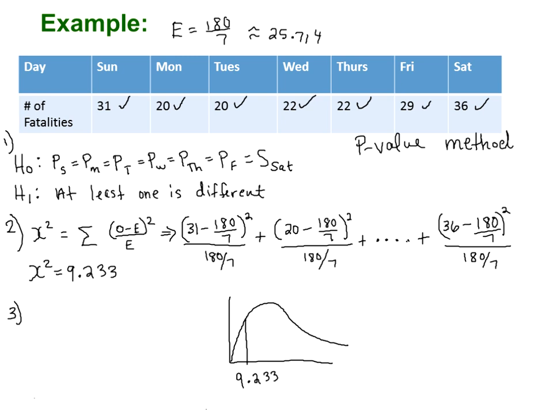All right, so if you were finding the p-value by hand, you would have to draw it out. The calculator gave us the p-value. And so we can go ahead and take that and compare it to our value of alpha.